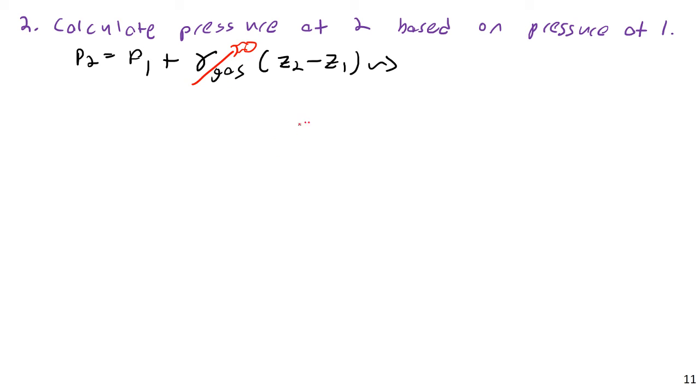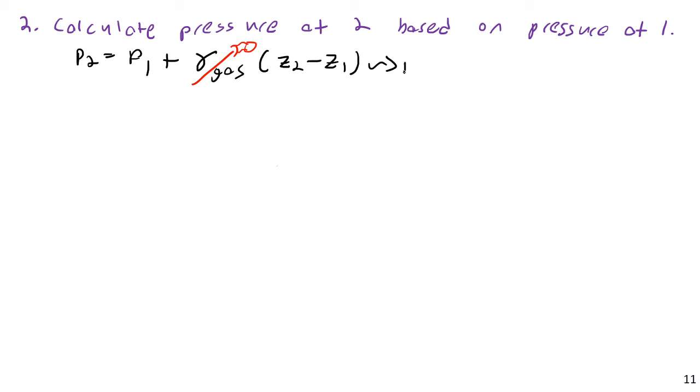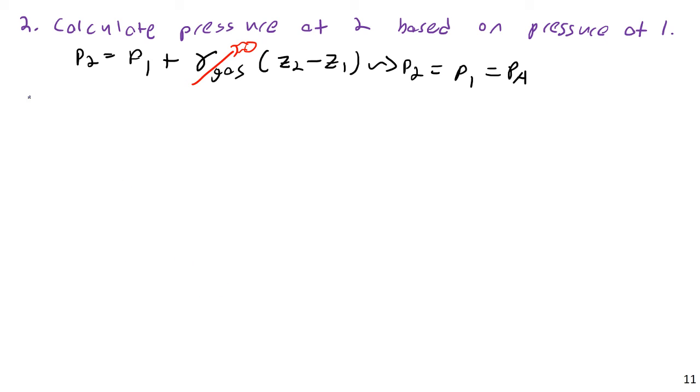Compared to the fluid, it might as well be 0. So from that, we get that P2 equals P1 equals PA. We really won't start getting changes in the pressure until we start going through the gauge fluid. It could be water, it could be mercury, it could be anything we like, but it's going to be way more dense than air.